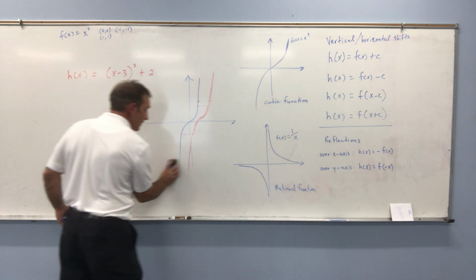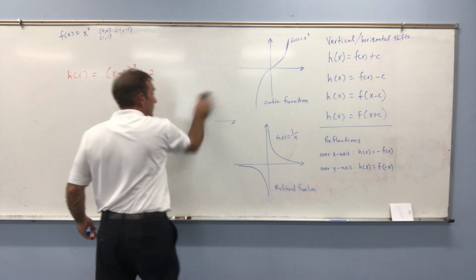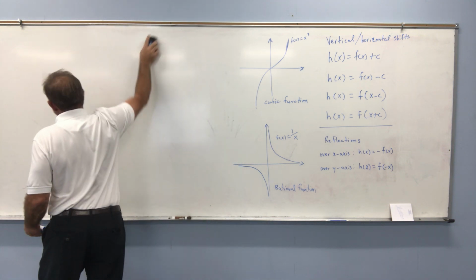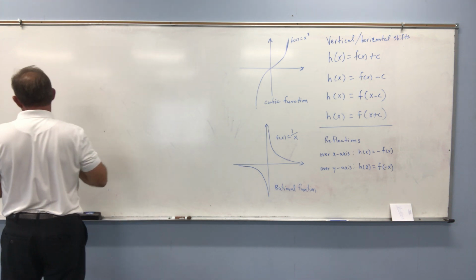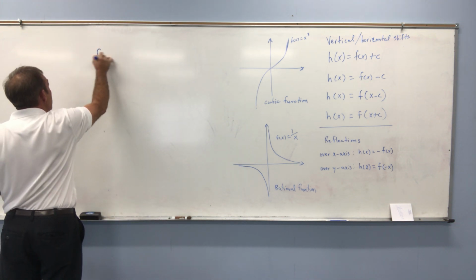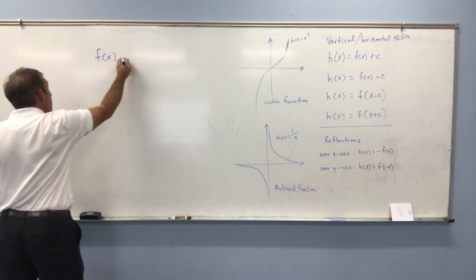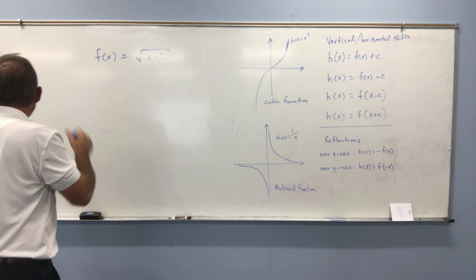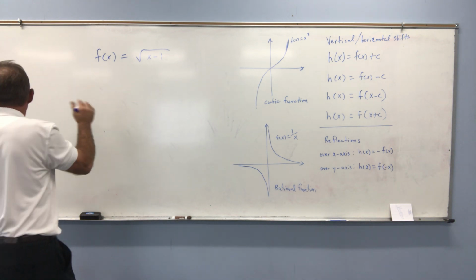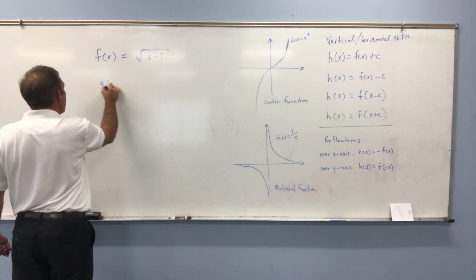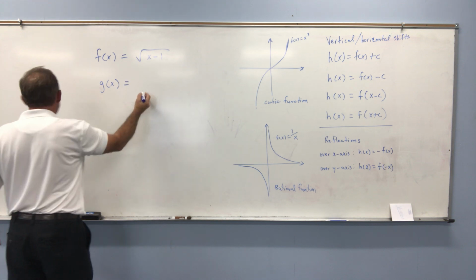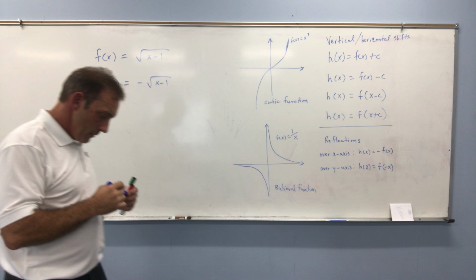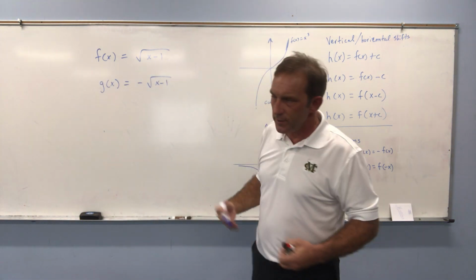Now, the last examples to look at are going to be, suppose we had the function, this function right here. And we wanted to compare how it would look with this one. Just in words, what would the difference be?